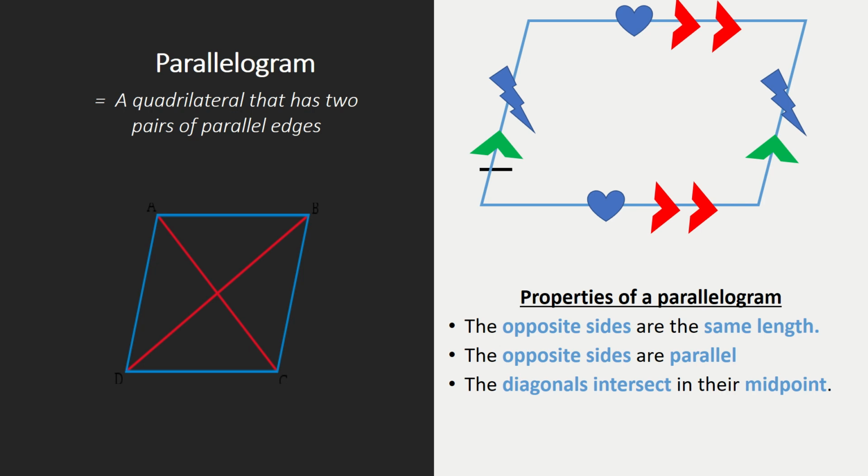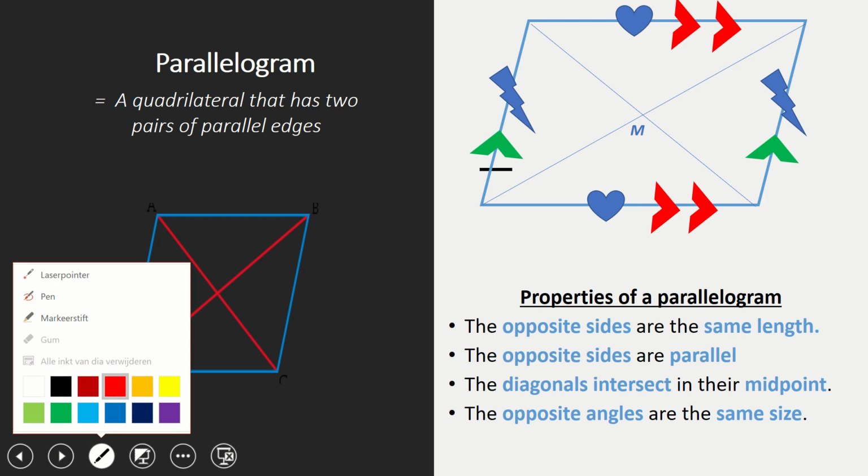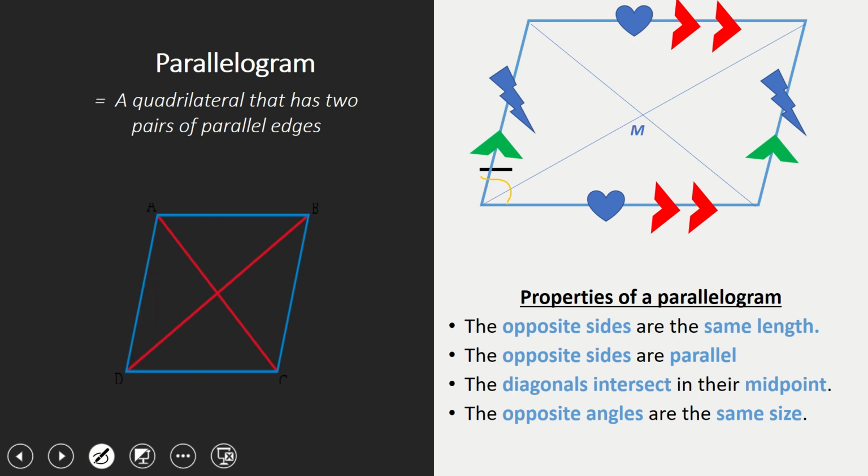The diagonals intersect in their midpoints. So if I'm going to draw the diagonals, then the intersection point M is going to be the midpoint. The opposite angles are the same size. That means that this and that is the same, and this is the same as that one.